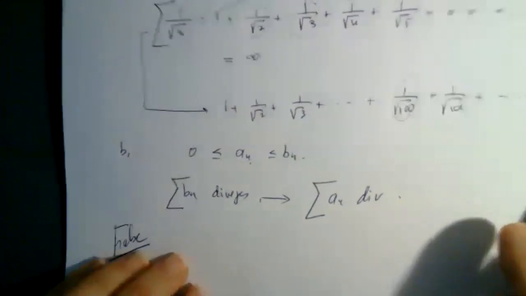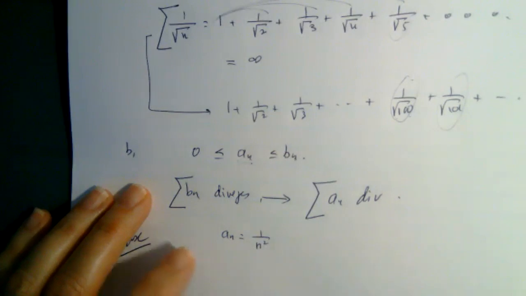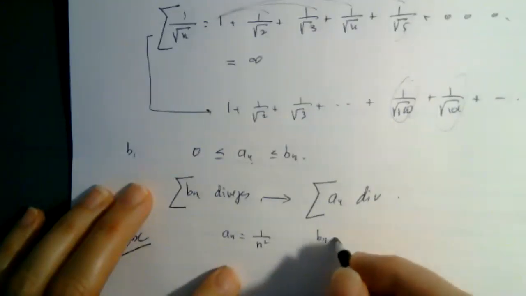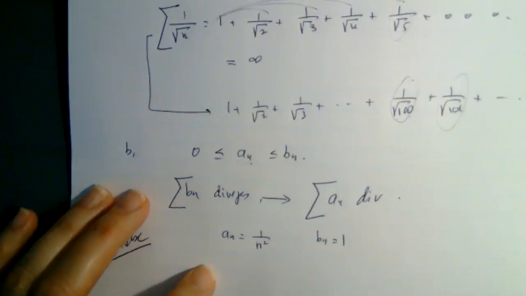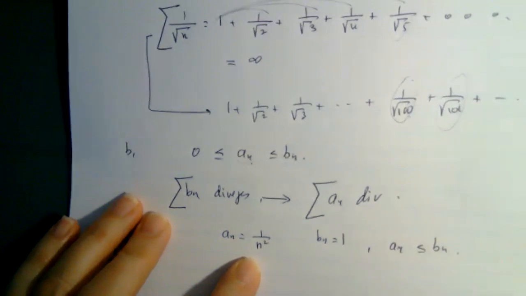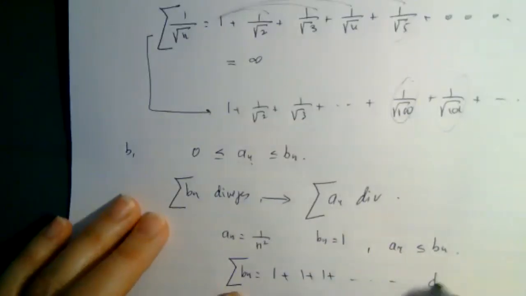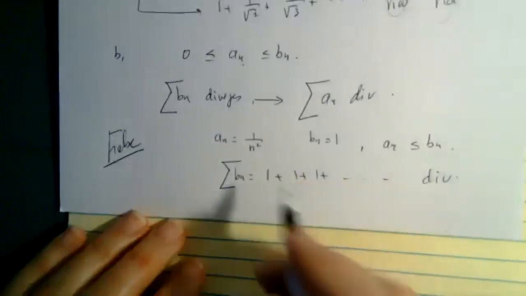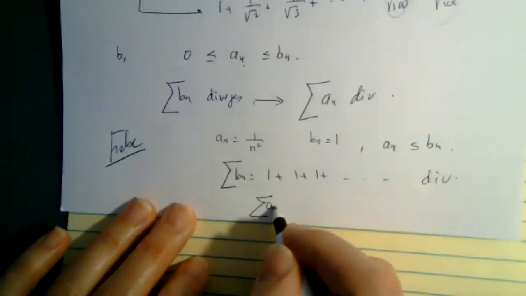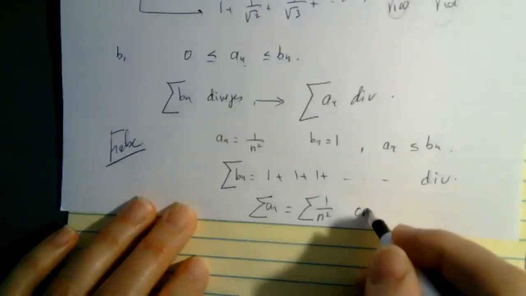A very simple example: take an to be 1 over n squared, and take bn to be 1, no more than that. Then of course an is less than bn. Adding the bn means you're adding 1 plus 1 plus 1, which diverges. However, when I add the an, which is sigma 1 over n squared, this converges because it's a p-series with p equal to 2.